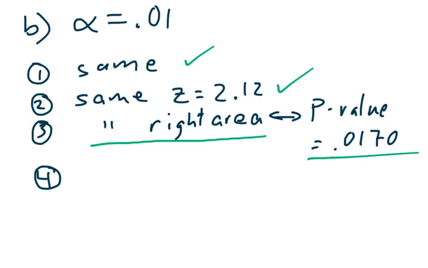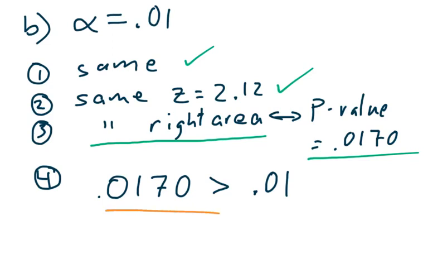We notice that, where did it go? Oh, there it is. 0.0170 is greater than 0.01.